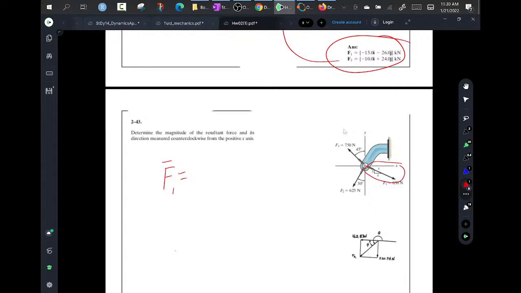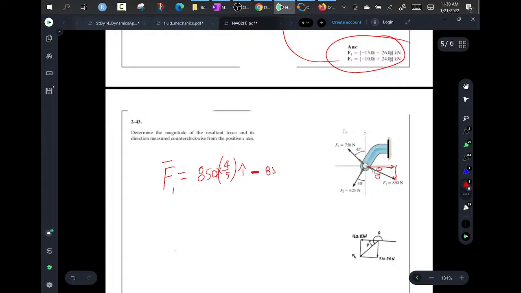This one has a component heading that direction and a component heading down. So that'd be the 850. Heading to the right, the ratio would be 4/5. That's times 4/5 I. It is heading down 850, and looks like 3/5.